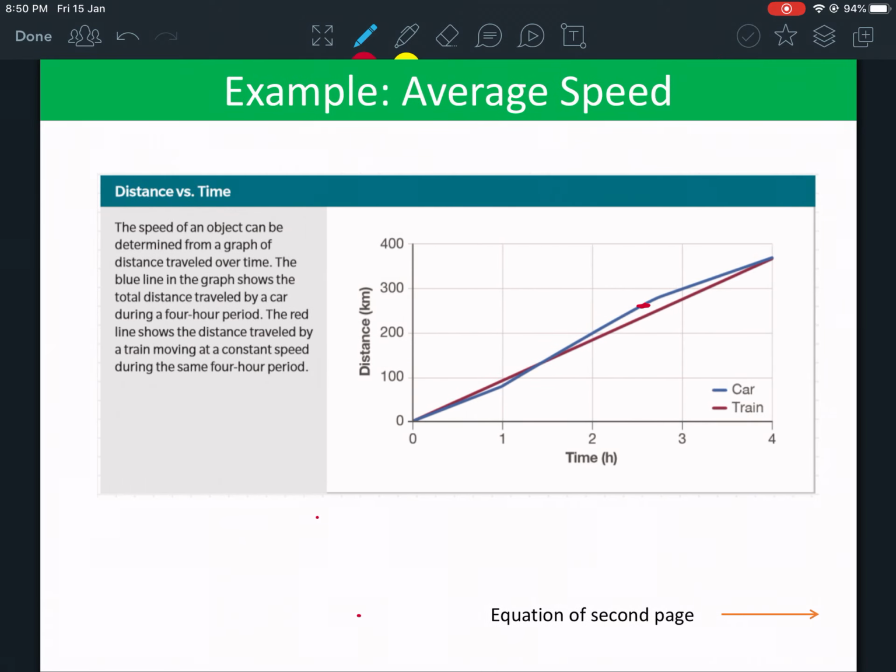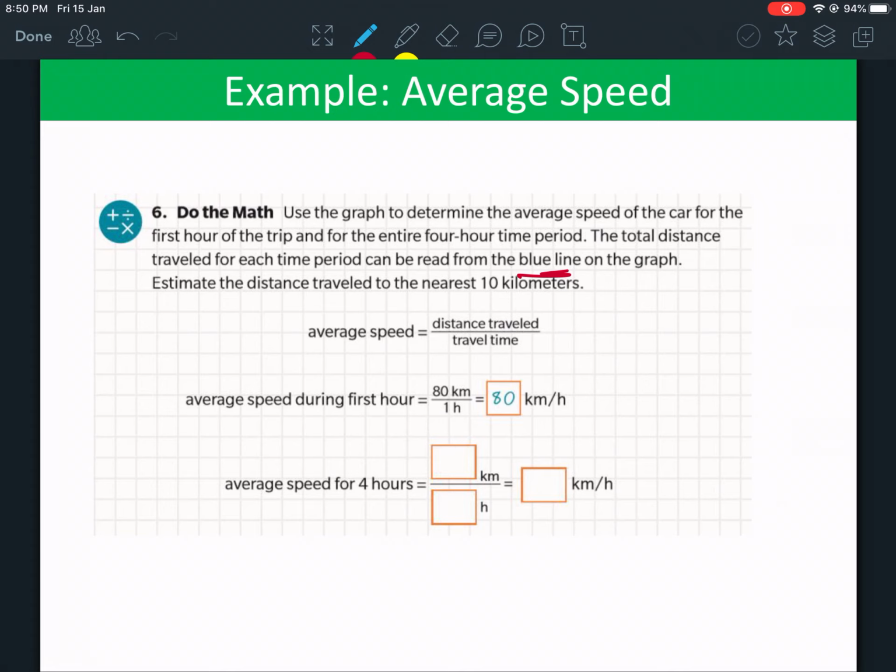So you check 1 hour here, go up to where the blue line stops, and then go across. If t is 1 hour, the distance is a bit less than 100, so it's going to be 80. They already did it: 80 kilometers, the time is 1 hour. Speed equals distance over time, so it's 80 divided by 1, which is 80 kilometers per hour.